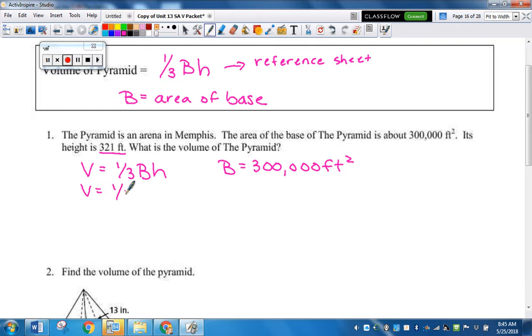So volume equals 1/3 times 300,000 times 321. Go to your calculator.